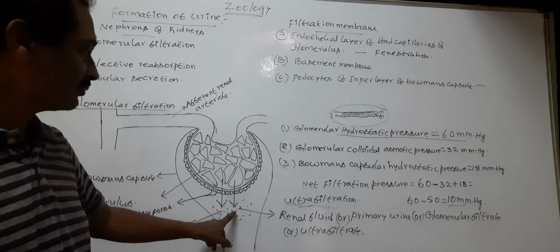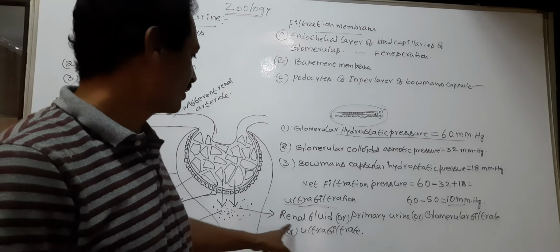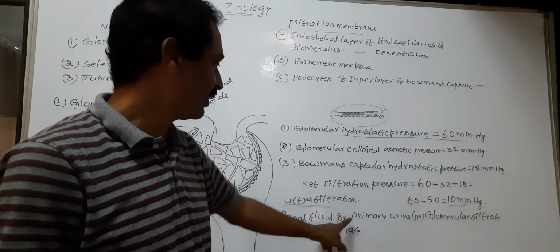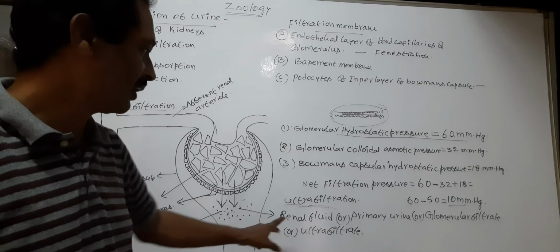So the filtrate in the lumen of the Bowman's capsule is called renal fluid or primary urine or glomerular filtrate or ultrafiltrate.